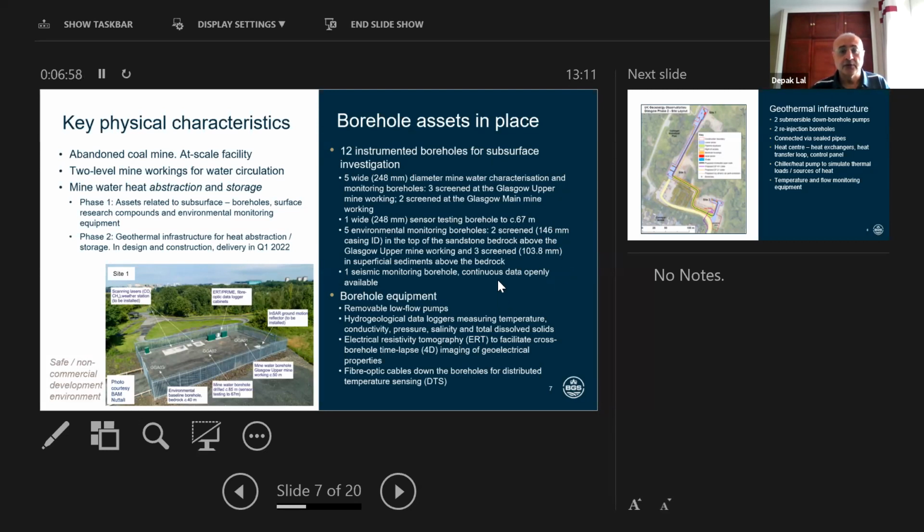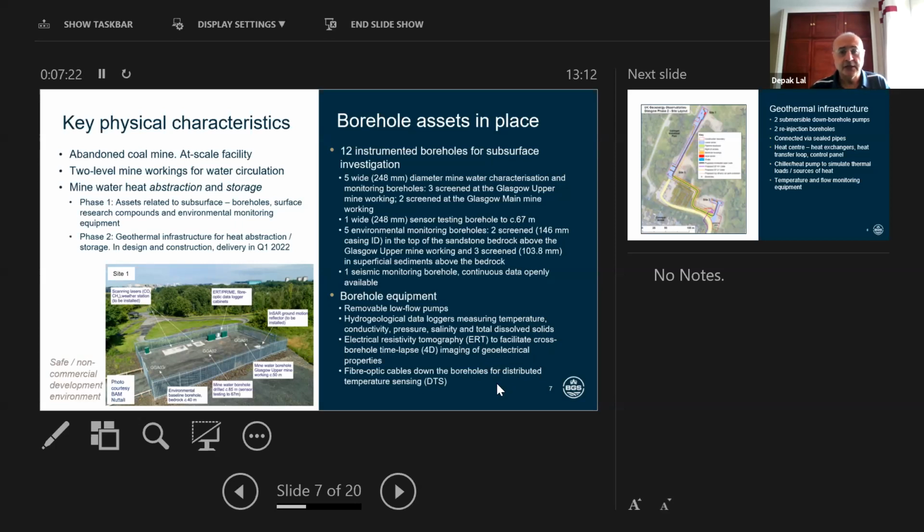In terms of the borehole equipment, we have removable low-flow pumps, hydrological data loggers, measuring temperature, conductivity, pressure, salinity, and total dissolved solids. We have electrical resistivity tomography, to facilitate cross-borehole time-lapse imaging of the geoelectrical properties.